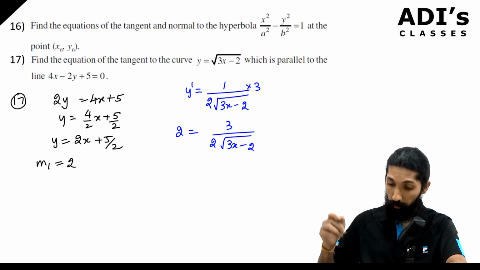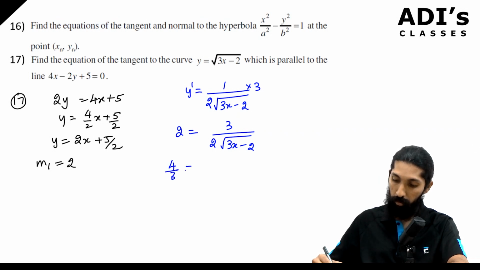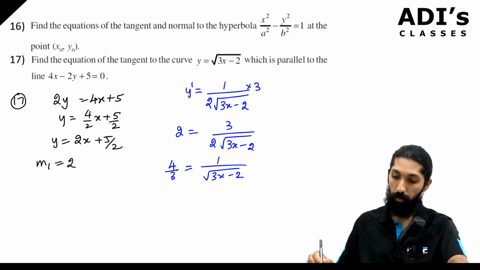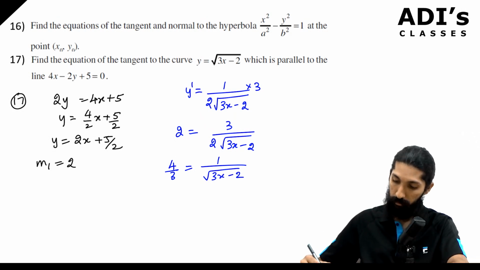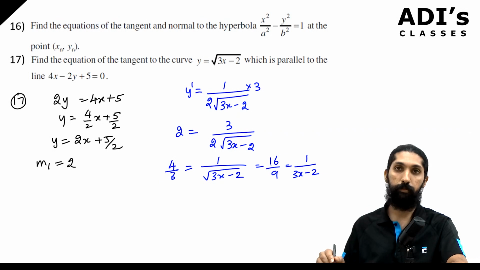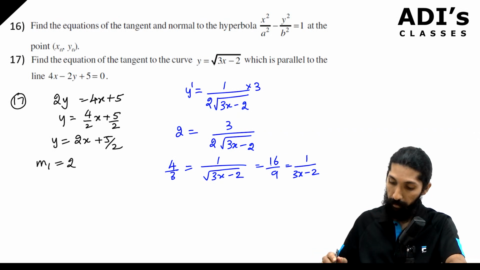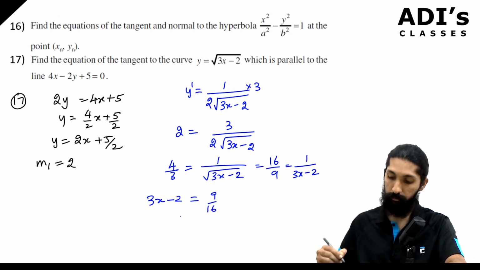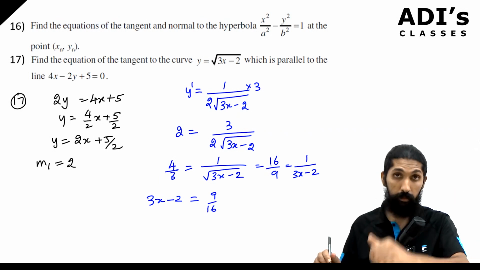So substitute: 4 by 3 is equal to 1 by root of 3x minus 2. Square on both the sides: 16 by 9 is equal to 1 by 3x minus 2. Cross multiply. You'll get 3x minus 2 is equal to 9 by 16. Take the 2 to the other side.